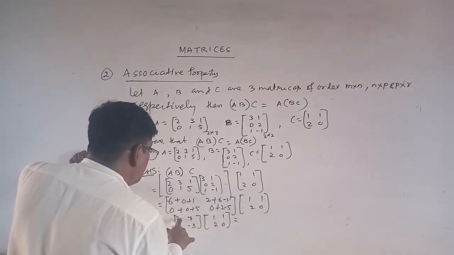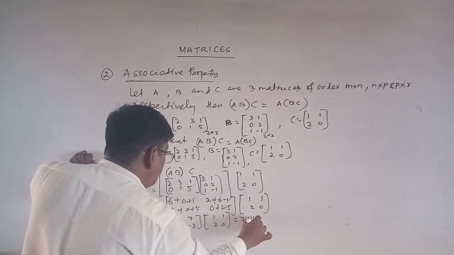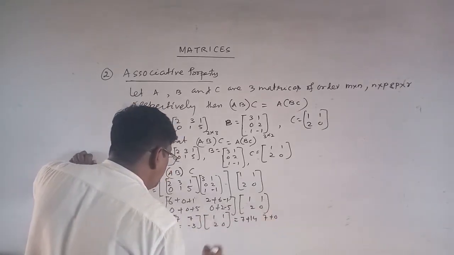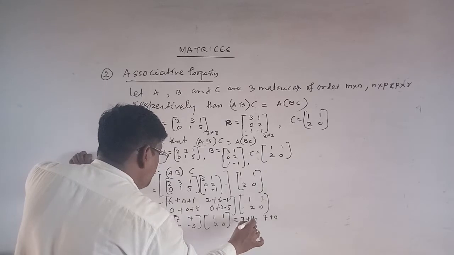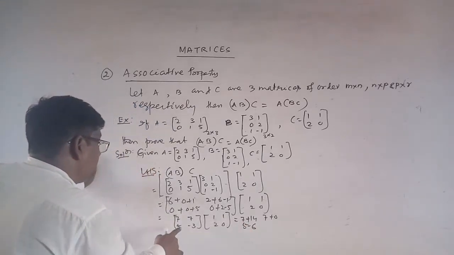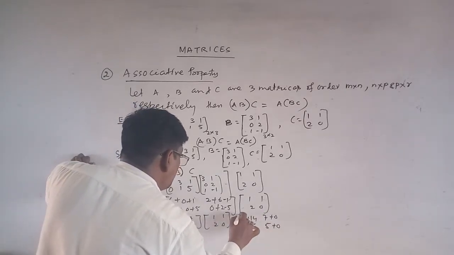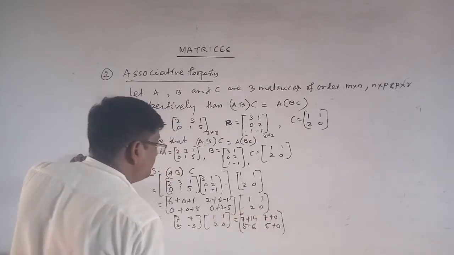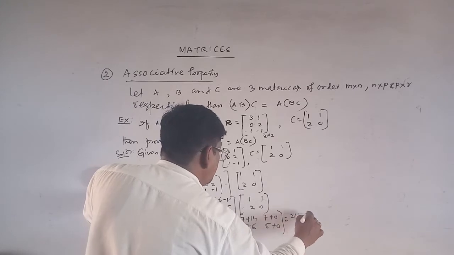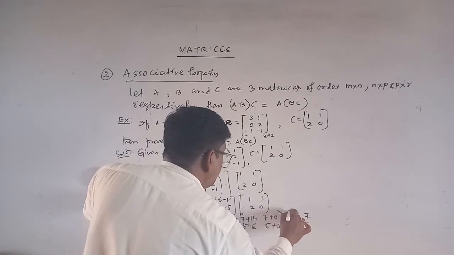Again multiply this. 7 into 1, 7, 7 into 2, 14, 7 into 1, 7, plus 0 here, 5 into 1, 5, minus 3 into 2, minus 6, 5 into 1, 5, minus 3 into 0, 0. So this is 21, 7, minus 1, 5. This is the left hand side.